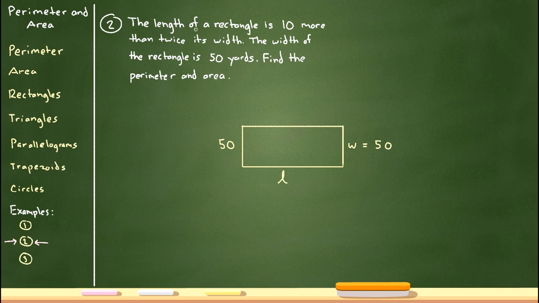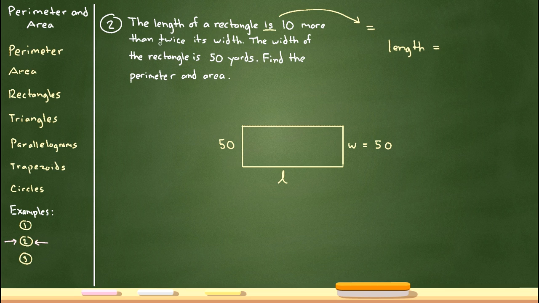Now what do they tell us about the length? When they say the length of a rectangle is, this translates to an equal sign. So length is equal to, and then 10 more than twice its width.